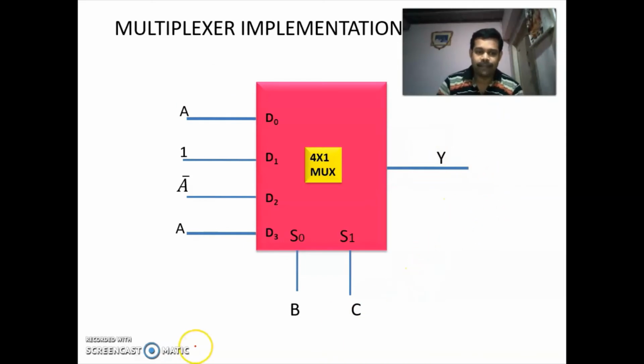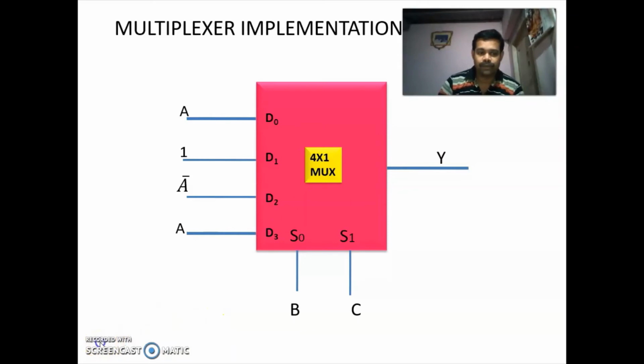From the implementation table, we understand that for input D0 we have to give A, for D1 we give 1, for D2 we give A bar, and for D3 we give A. For S0 and S1 you have to give B and C.